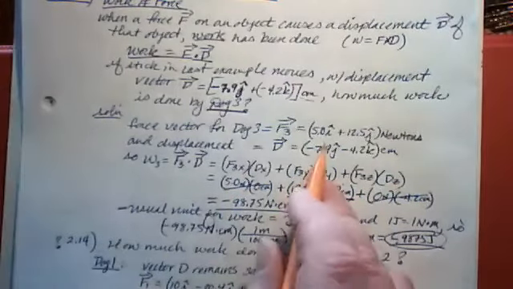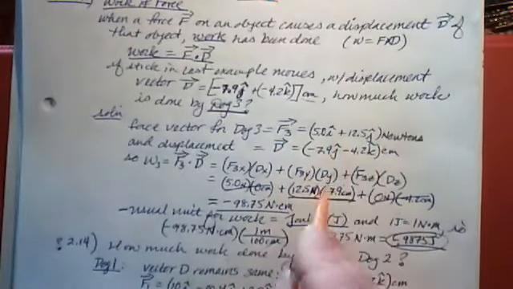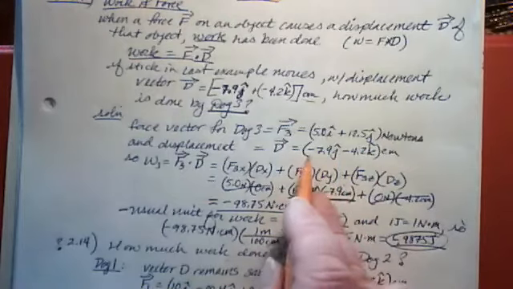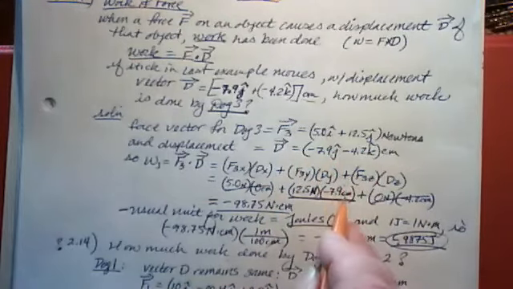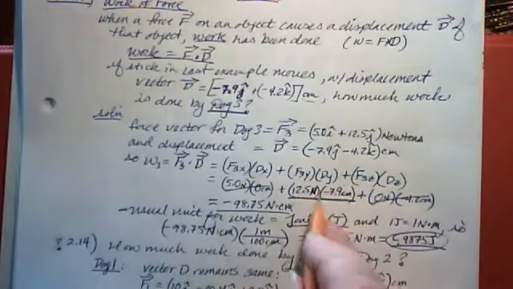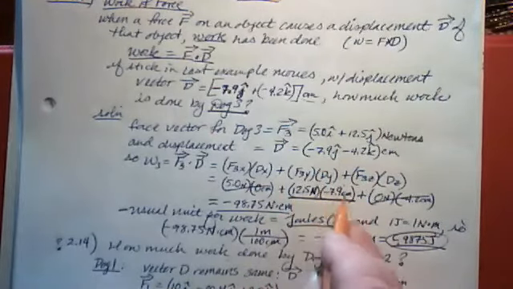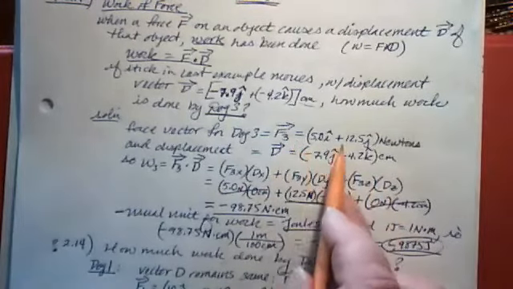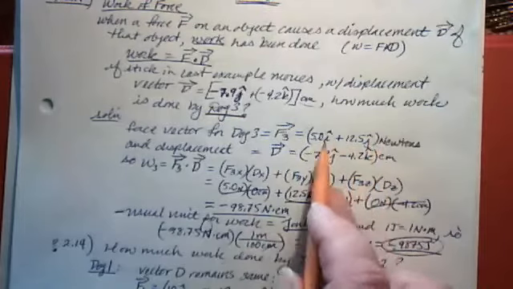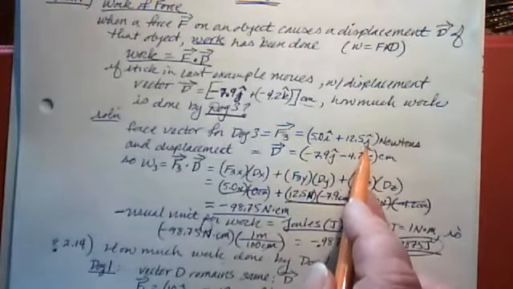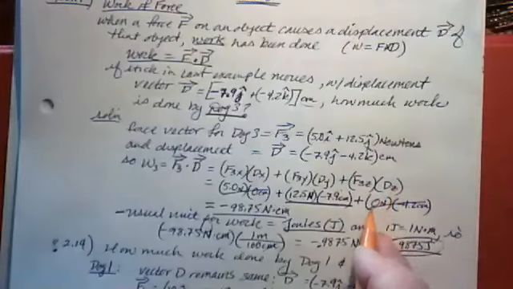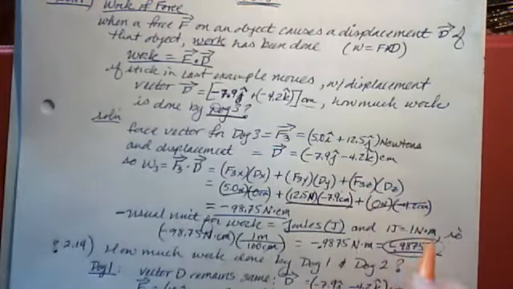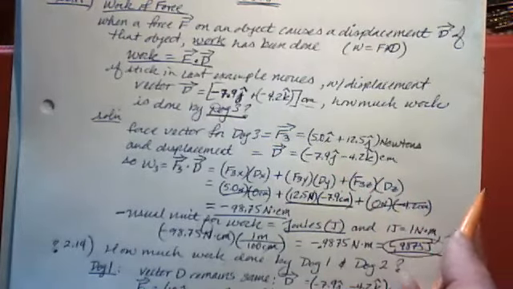The y component of F3 is 12.5 newtons, and the y component of vector D was negative 7.9 centimeters. And so we have 12.5 newtons times negative 7.9 centimeters. And then for the z components, for F3, you'll notice there's no k term, which implies that the magnitude of k must be 0. So that's going to be 0 newtons times negative 4.2 centimeters. So that entire term becomes 0 and drops out.